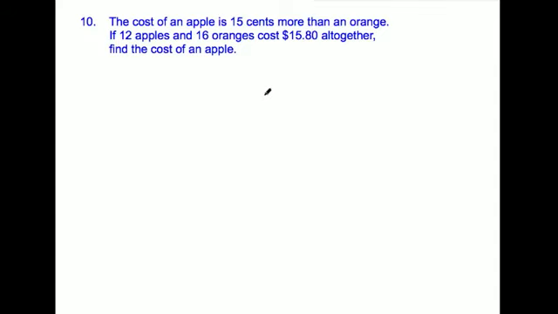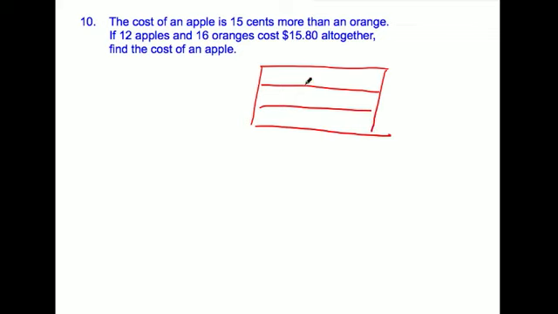In this sum here, we are concerned with the quantities, unit cost, and the total cost. We are talking about apples and pears. Sorry, apples and oranges. We have 12 apples and 16 oranges.